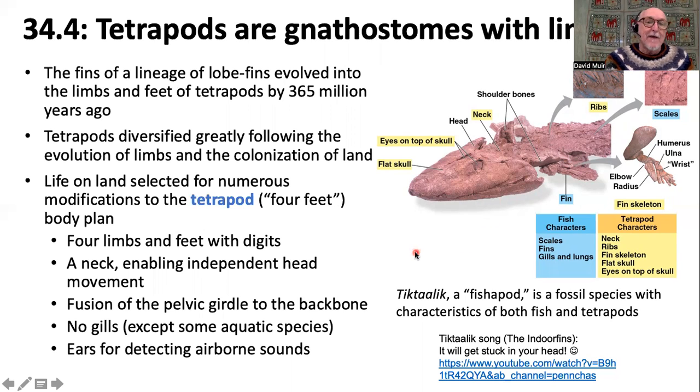They don't appear to have had gills, but that is somewhat uncertain. So this looks like a primitive tetrapod, a primitive four-limbed organism, which has arisen from the fish line, and it has arisen from the lobe-finned fish.